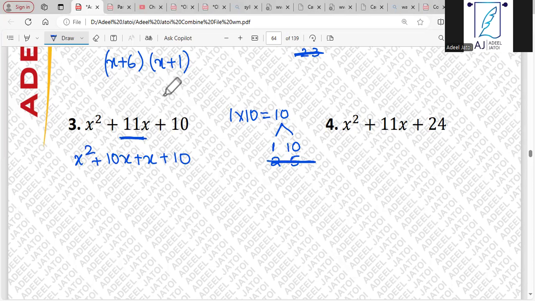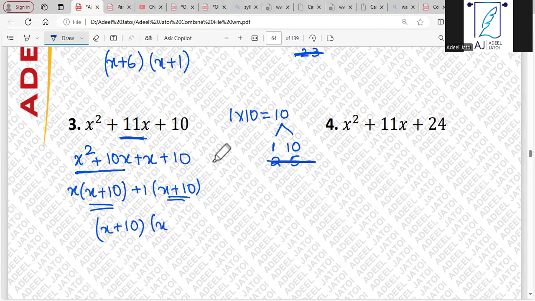Now we'll take common from these two and common from these two. x is common from these two values, so this will be x plus 10. And since there is no common in x plus 10, we'll take common plus 1. So this will be plus 1 times x plus 10. The two brackets that we have are x plus 10 and x plus 1.